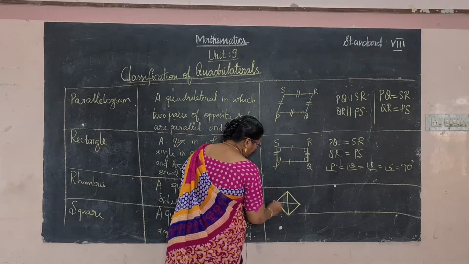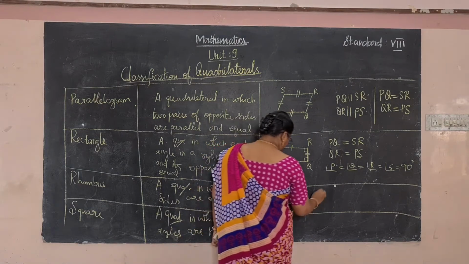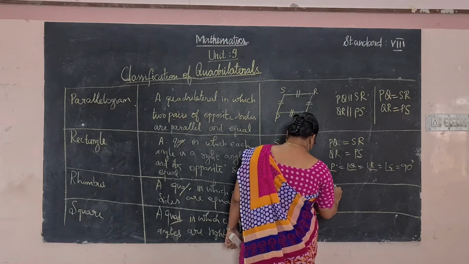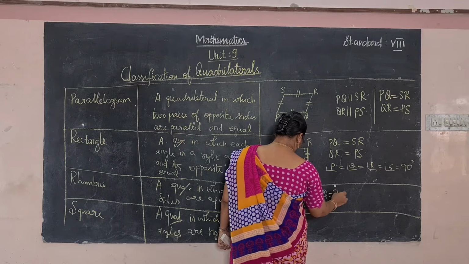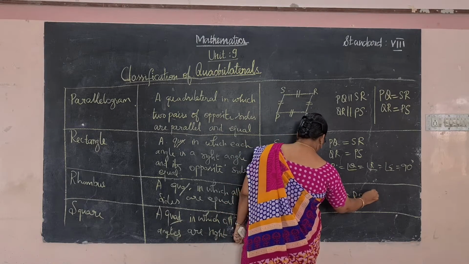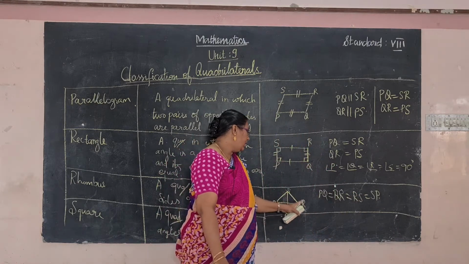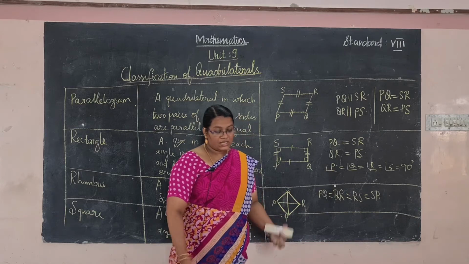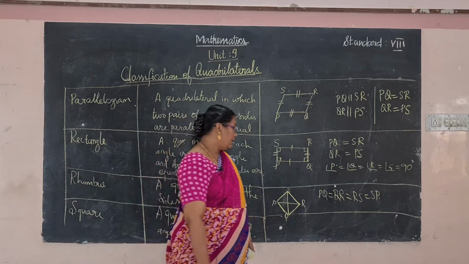So P, Q, R, S. All the sides are equal. PQ is equal to QR is equal to RS is equal to SP. All the sides are equal.